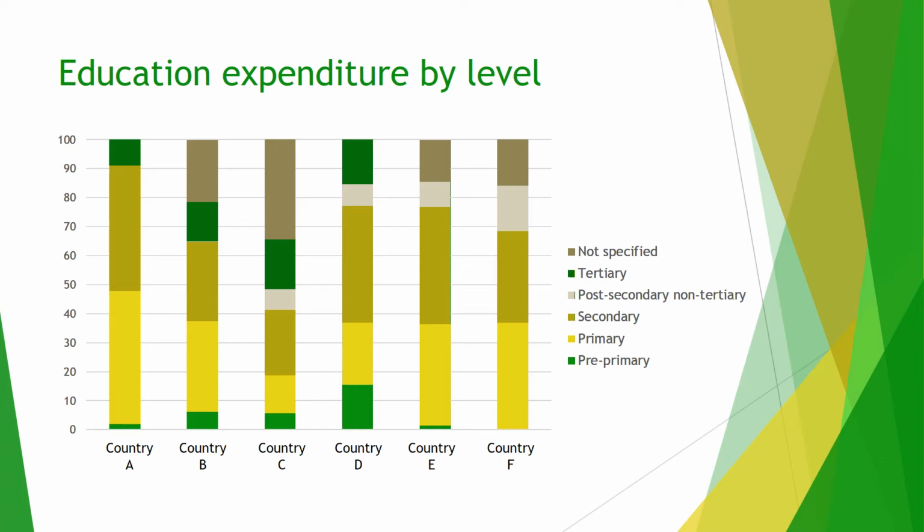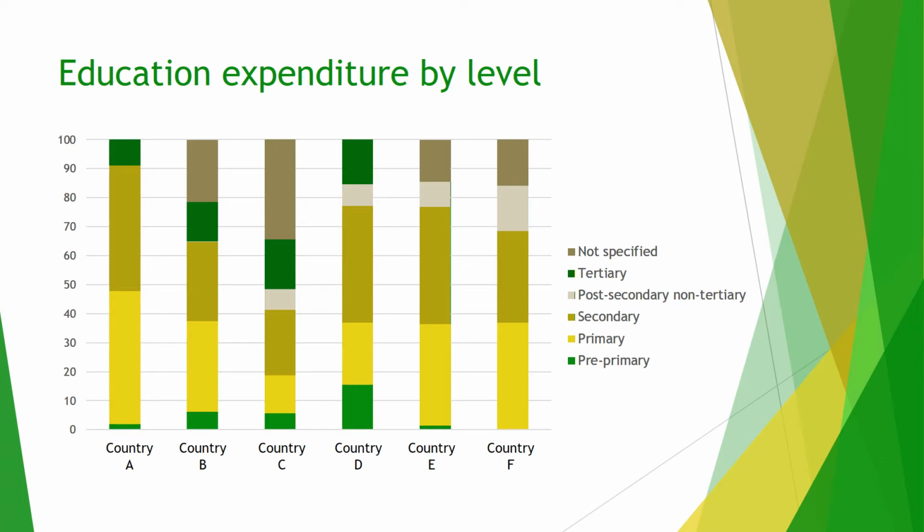We'll talk about this in a moment. If we look at country D, we'll see that country D spends more of its budget on pre-primary and tertiary than country A. And secondary as a whole takes the largest share of the education budget.